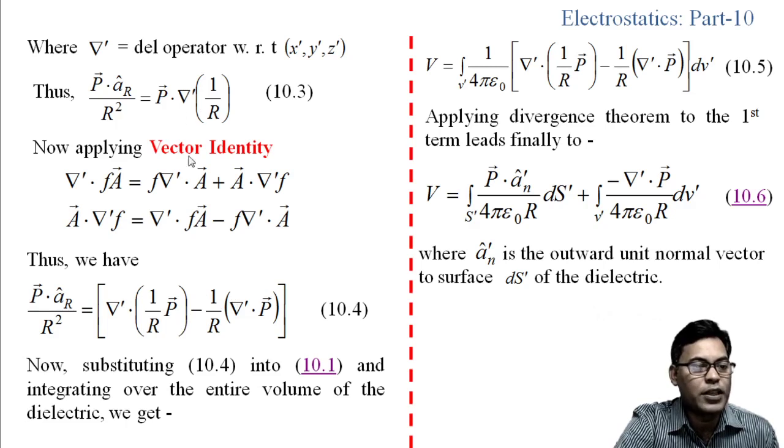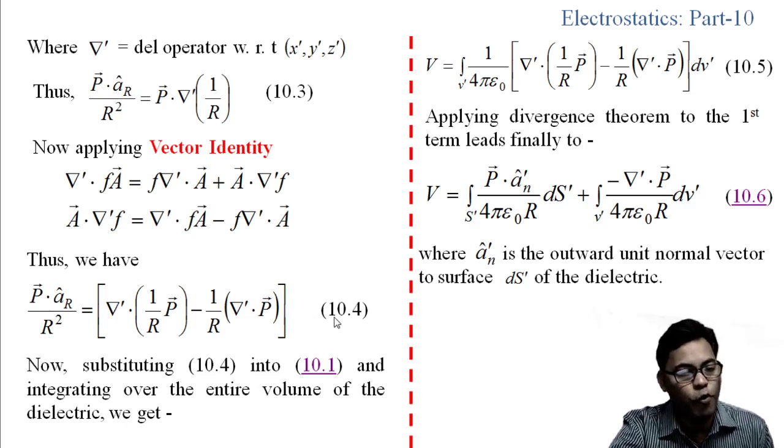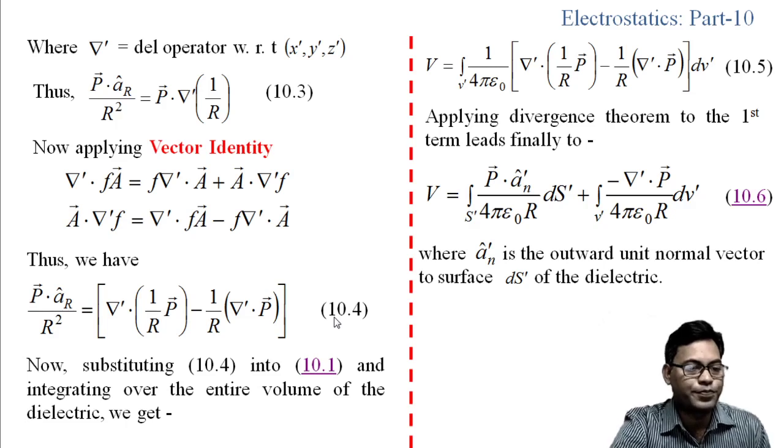So P dot aR by R square can be expressed as given in expression 10.4.